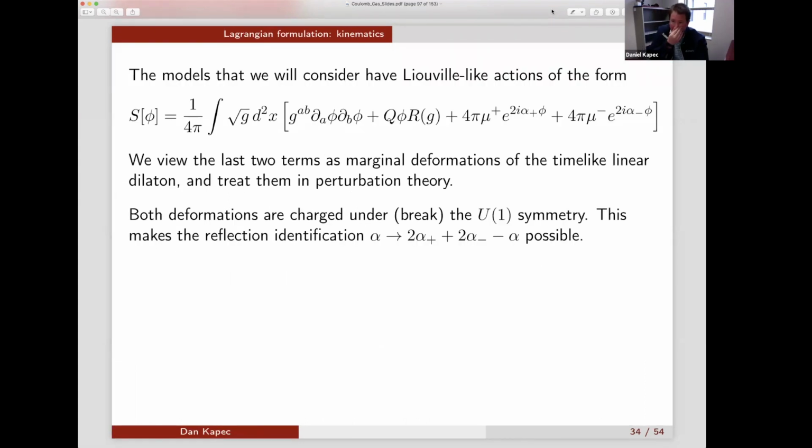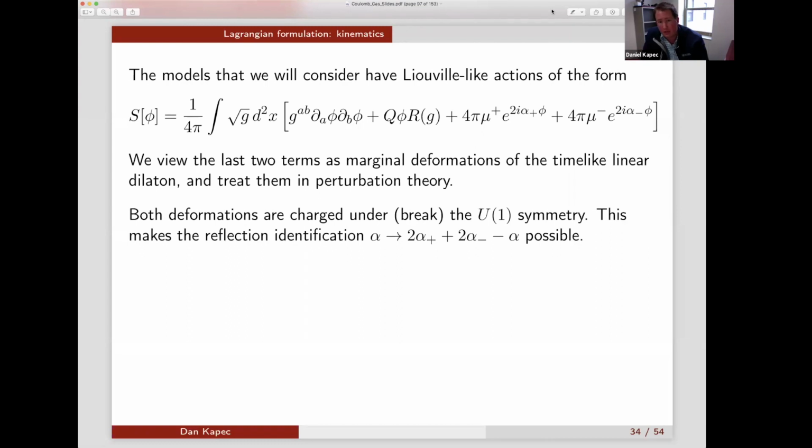Okay, so the models that we're going to end up considering look sort of like time-like Liouville. So this background charge Q will be imaginary. We'll have two exponential deformations that we can turn on, which are sort of the generalizations of these Dotsenko-Fateev screening operators. And we're going to just try to follow our nose, treat them using conformal perturbation theory.